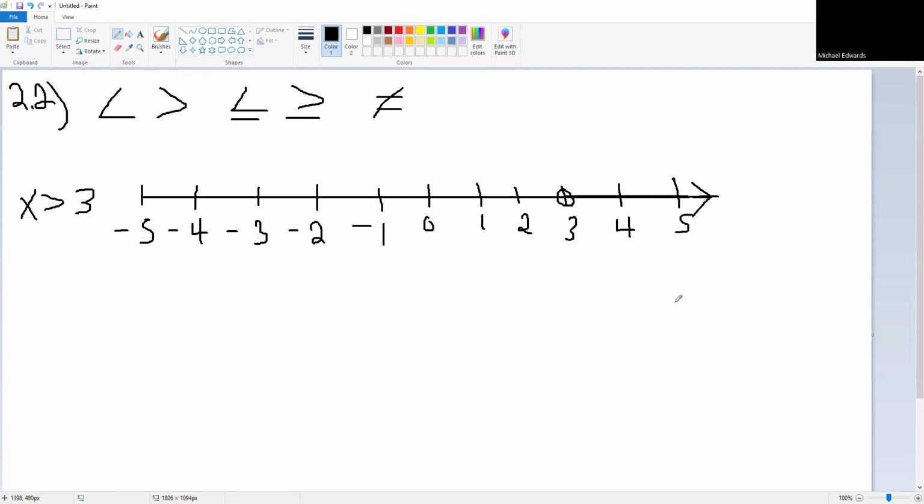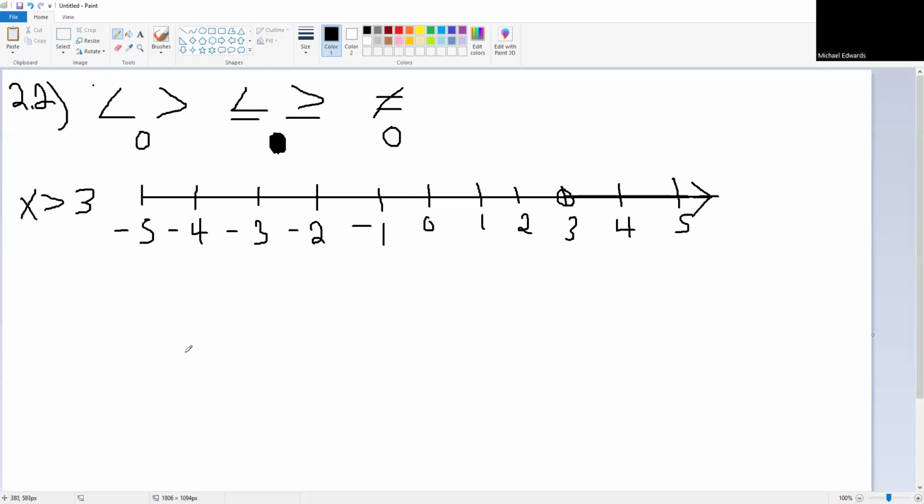This circle, when it's like this, has to do with these. Not equal to is also just an open circle. So these and this are together, and then these have a closed circle.